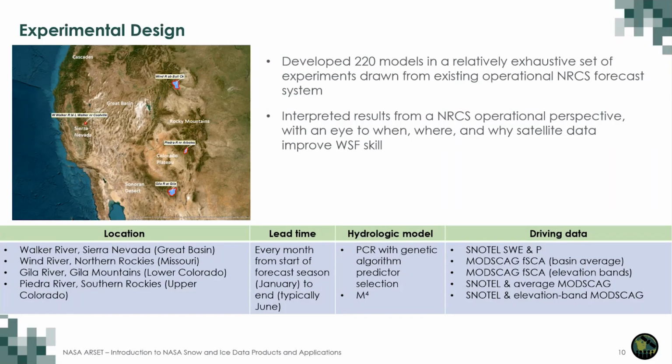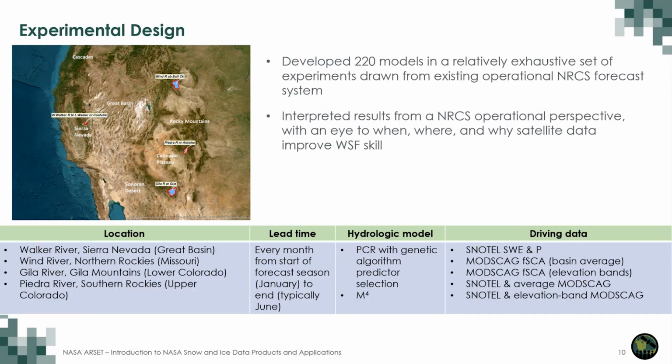Now, how did we use it? Well, we developed a total of 220 models and a relatively exhaustive set of experiments drawn from the existing operational USDA NRCS forecast system. And to be clear, I should point out that when I did this work, this was a NASA Western Water Applications Office, WWAO, coordinated project with Karl through CU Boulder, and myself when I was at the USDA.